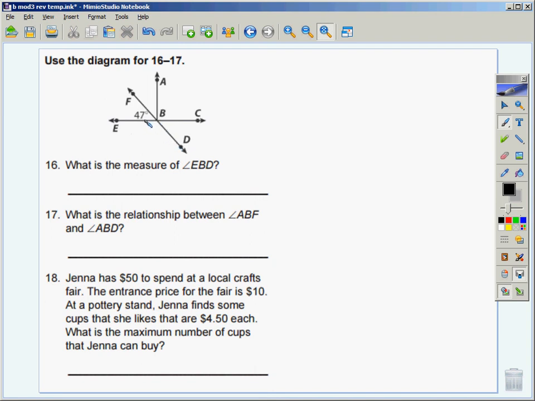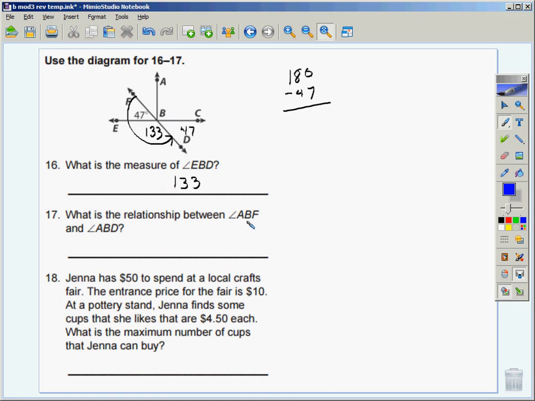I know that I can find this because these two angles have to add up to 180 degrees. 180 minus 47 is 133. I could fill this one in. This one also would be 47. I'm not sure that there would be any other numbers that I could fill in since they did not tell me something was a right angle.